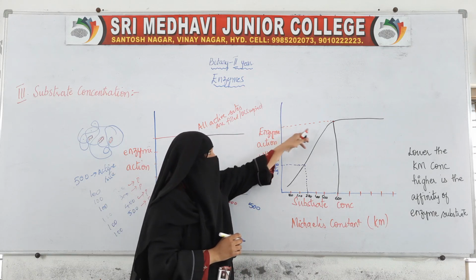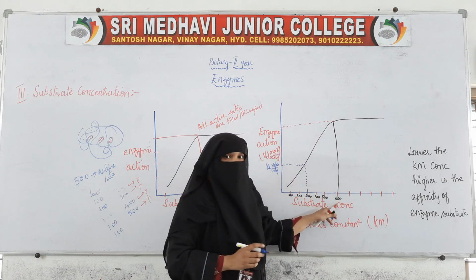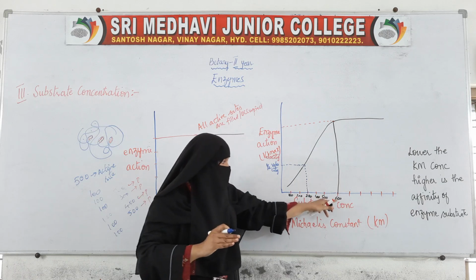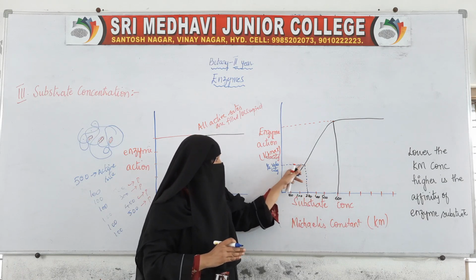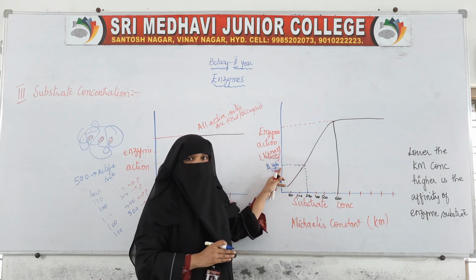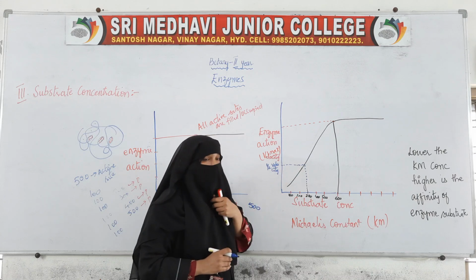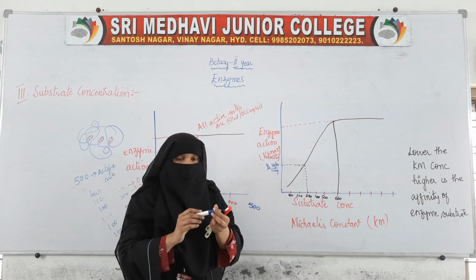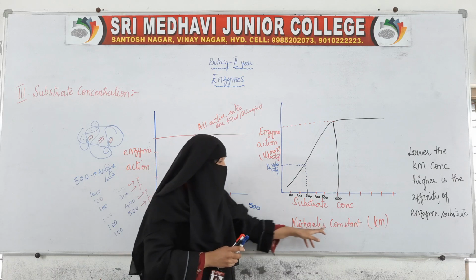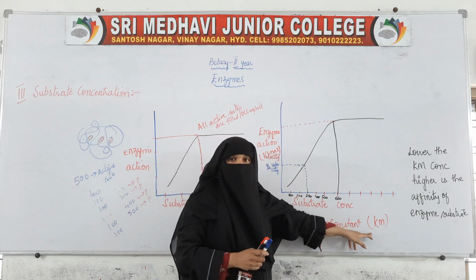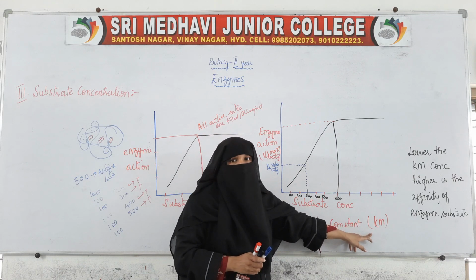This is the maximum velocity at 600. If we take half of the substrate molecules, here we get half of this velocity. So this is called the Michaelis constant, which can be represented as Km.